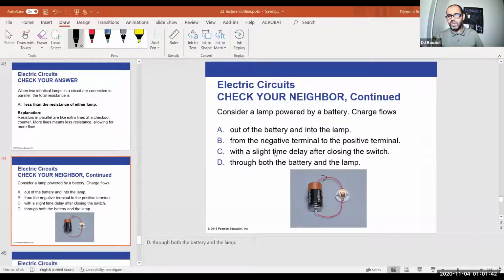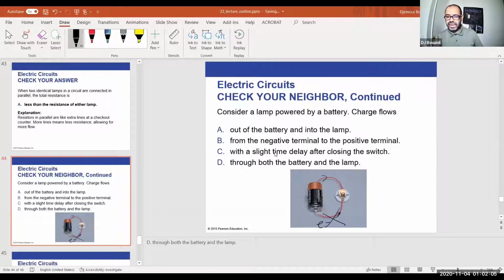Charges are moving from positive to negative. You and I know that they are electrons, and to make the charges move from positive to negative, the electrons are actually moving this way. But ignore this. Always think about it from positive to negative, okay? Because minus times minus is positive.